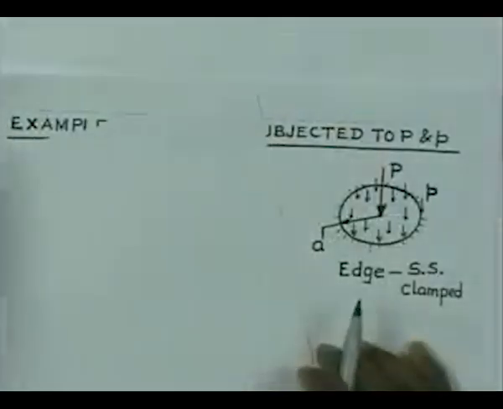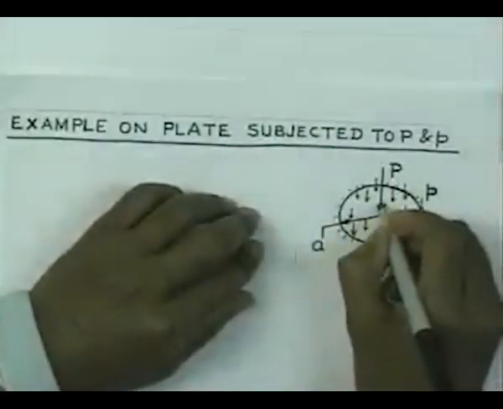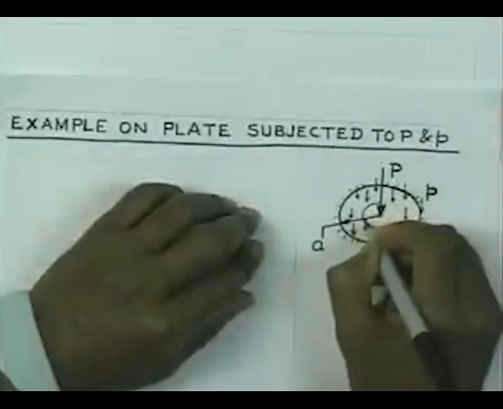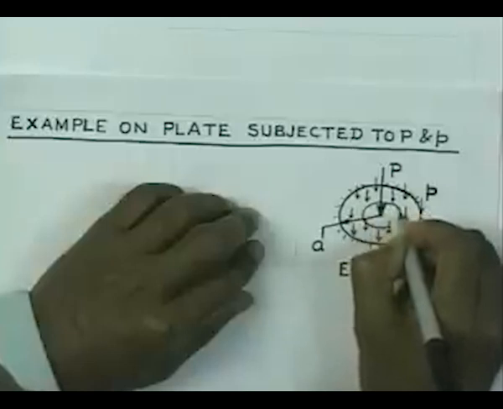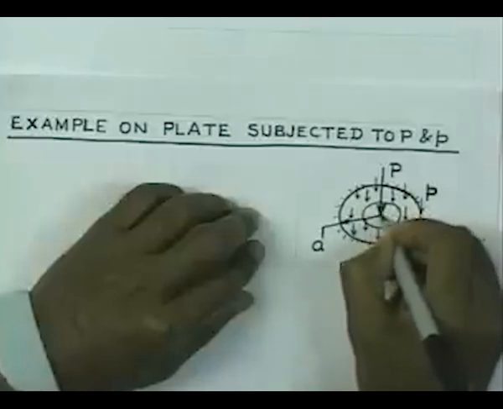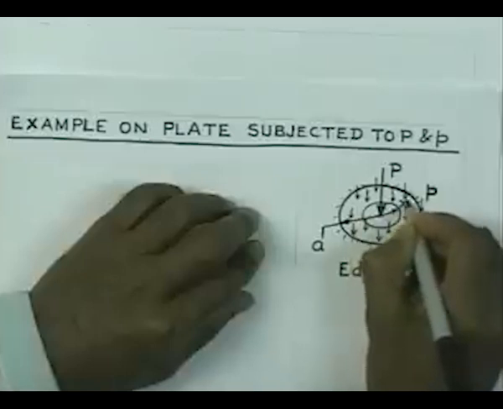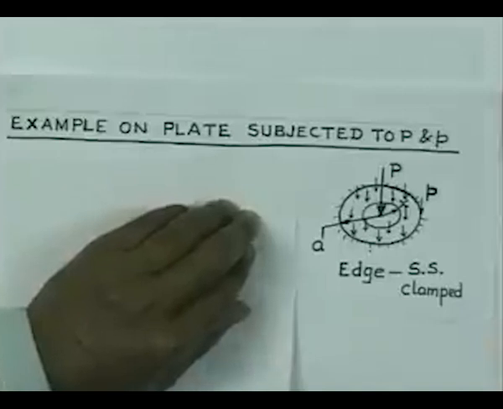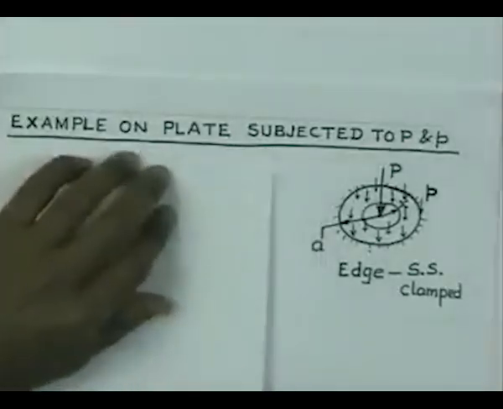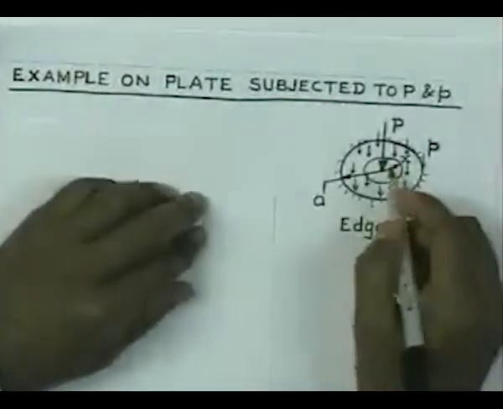Let us consider a position which is at a radial distance of x, so let us consider a circle of radius x, and if we segregate this portion, we will have shear forces acting on its boundary.